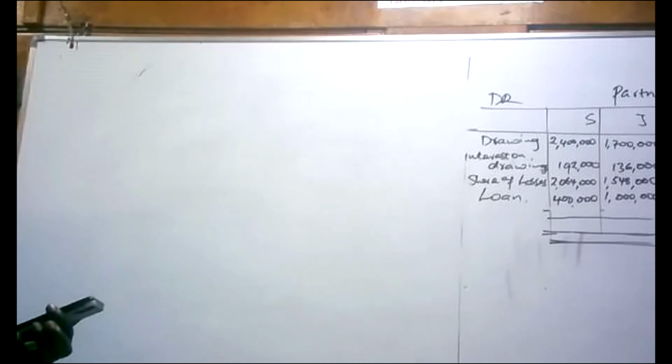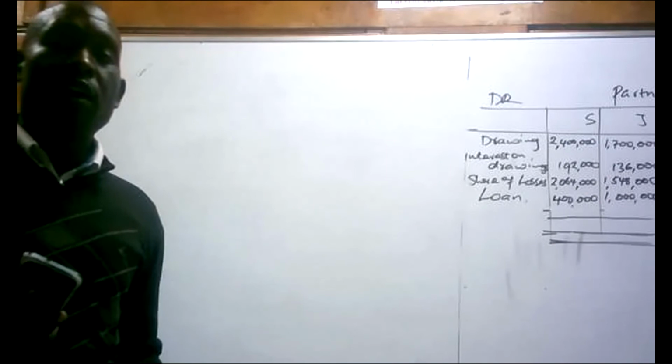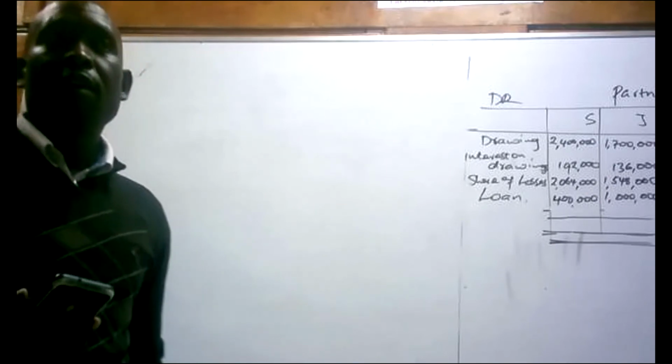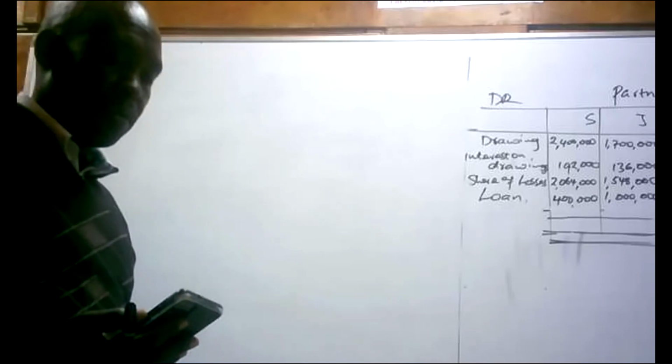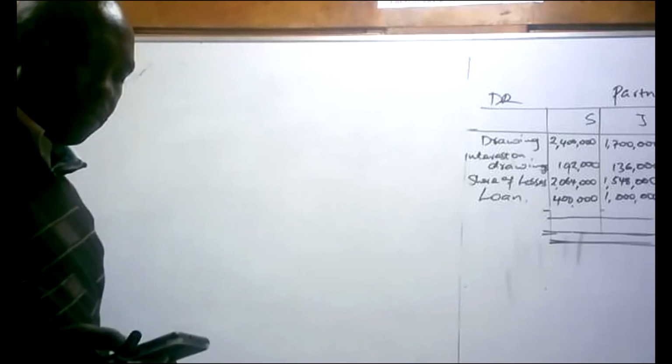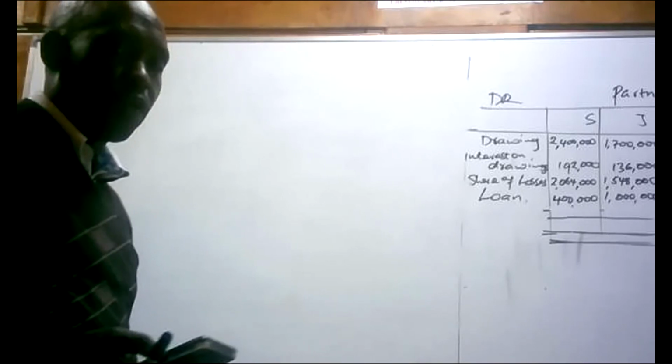The secret of passing accounting is to make sure that you also understand the format for each and every statement or account that you might be told to prepare. So in this case, we are told to prepare journal entries.